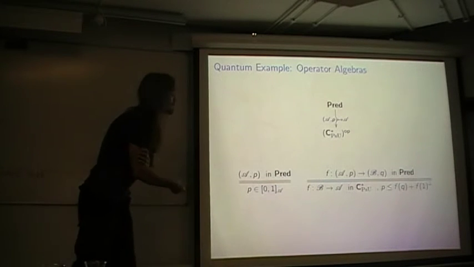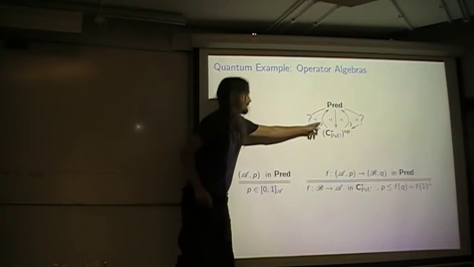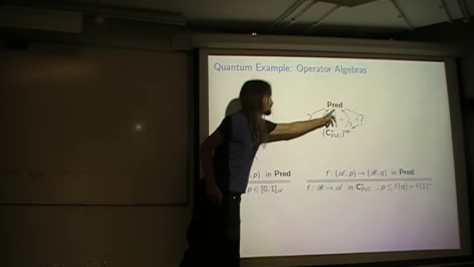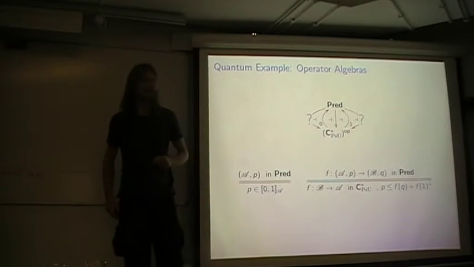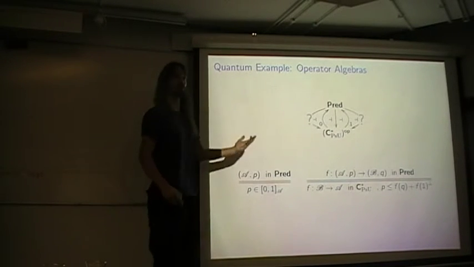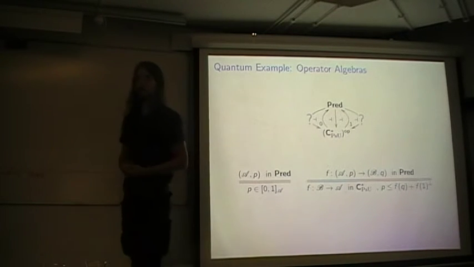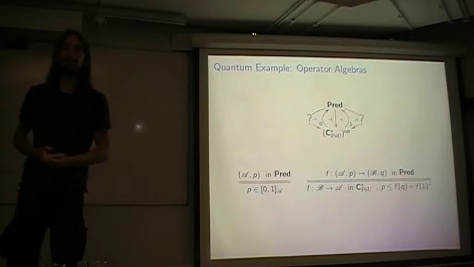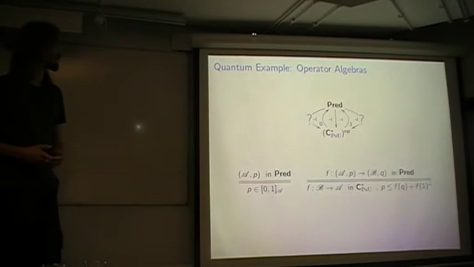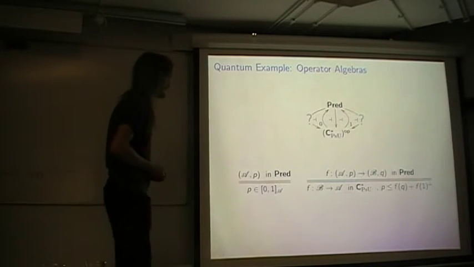Now we do get a left adjoint to the forgetful functor and a right adjoint to the forgetful functor. But actually I don't know whether there is a left adjoint here and a right adjoint here. Maybe if somebody is very well versed in functional analysis, he or she can tell me whether there is.